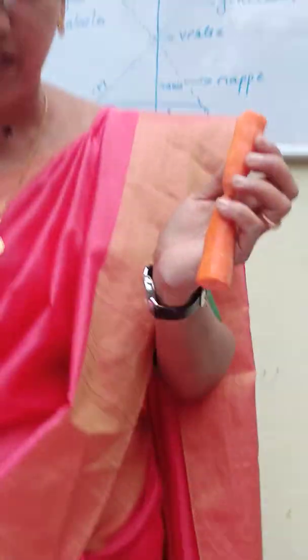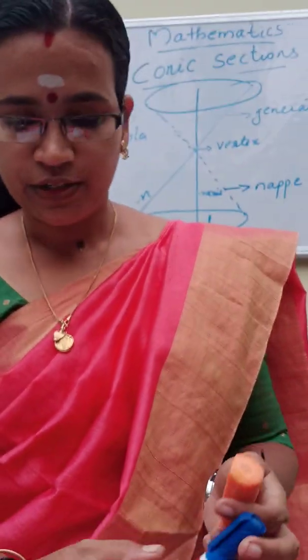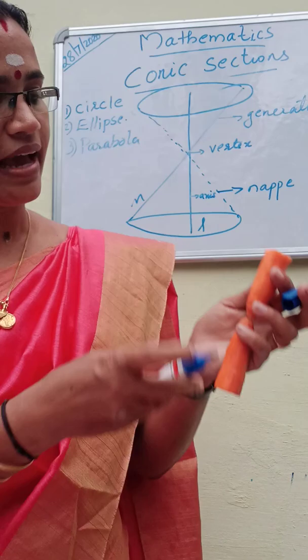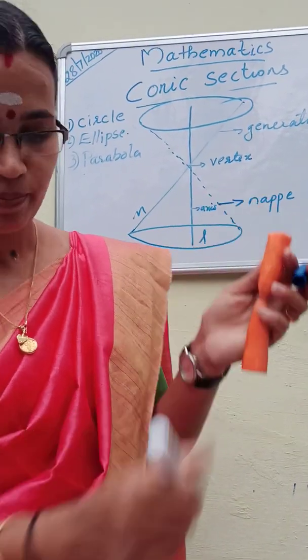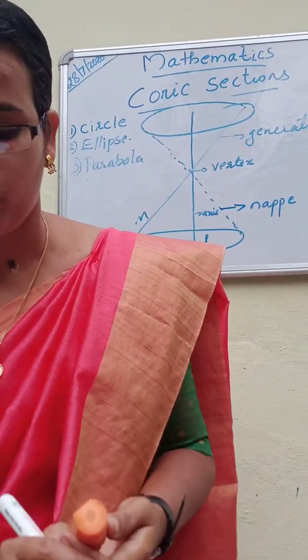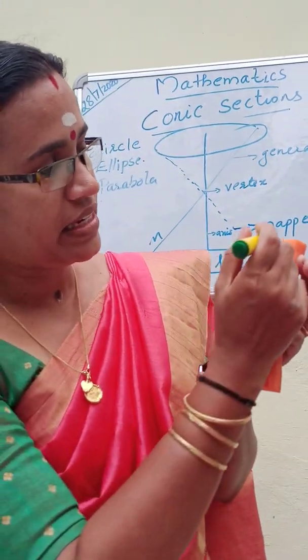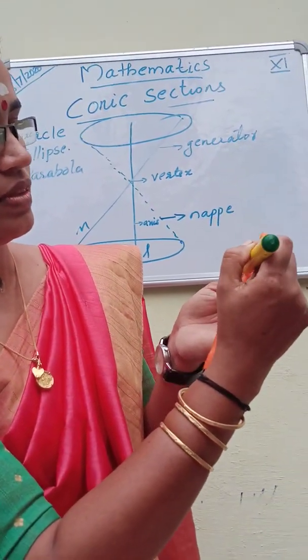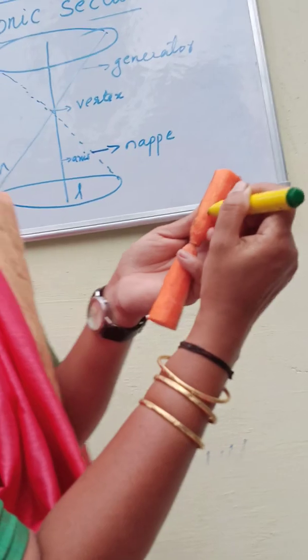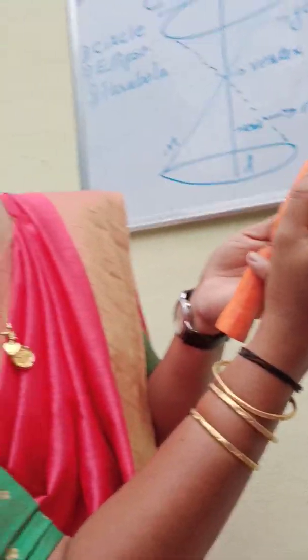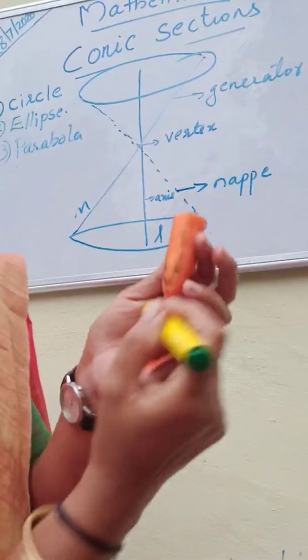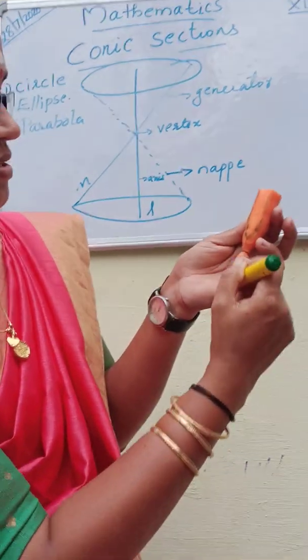We get two shapes. In the upper nap we get a parabola-like shape, and also one here.